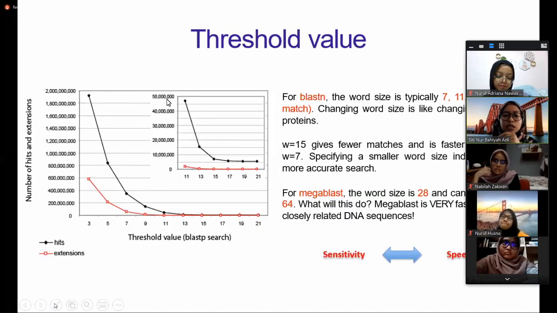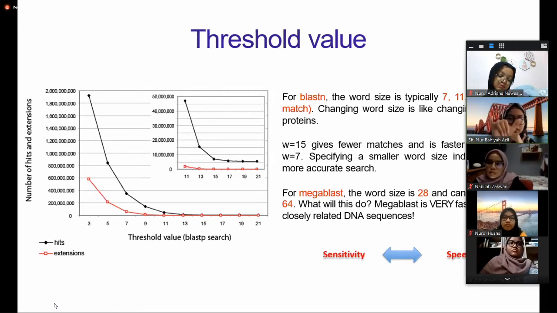Okay, so what is the threshold value? I previously mentioned the default threshold value is 11, but for BLAST, the word size is typically 7, 11 or 15 for an exact match. Remember, the word size is taken from the first three, for example, if the word size is 7, so the first 7 sequence and the next 7 sequence, next 7.